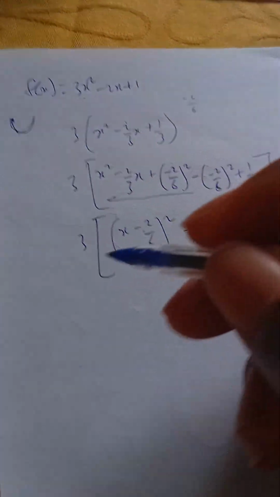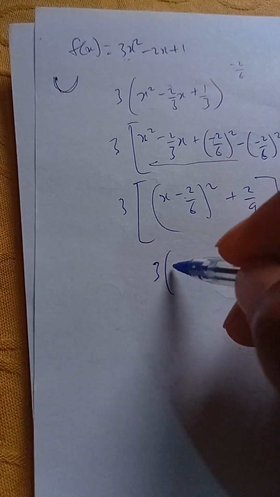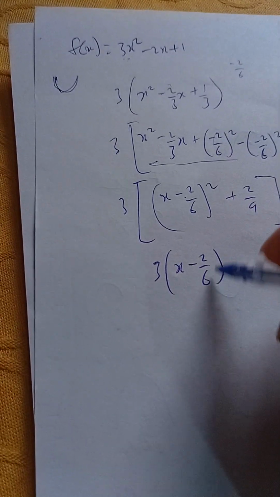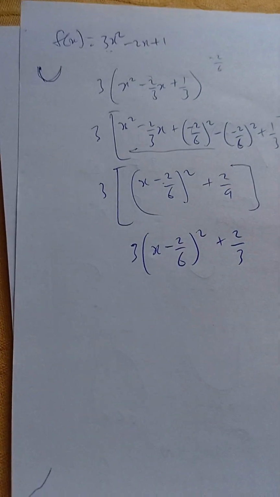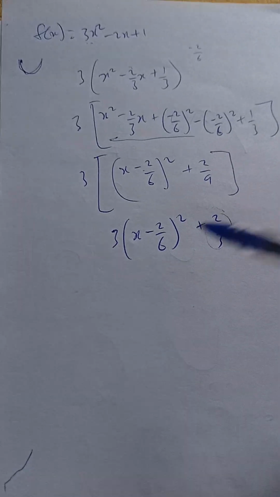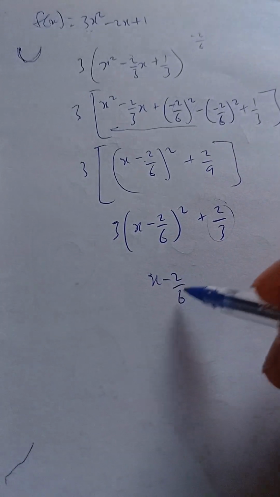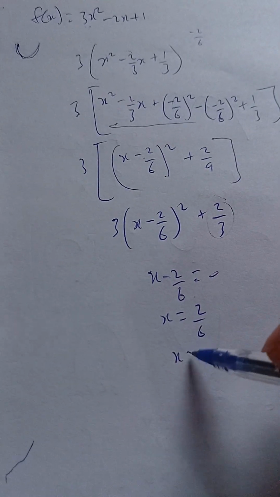We can multiply through by our 3 now. So we have 3 into the bracket x minus 2 on 6 all squared, then plus 2 over 3. So what is the minimum value? 2 over 3. At which value of x does this occur? We equate the bracket to 0. It occurs at x equal to 2 on 6, so x equals 1 on 3.